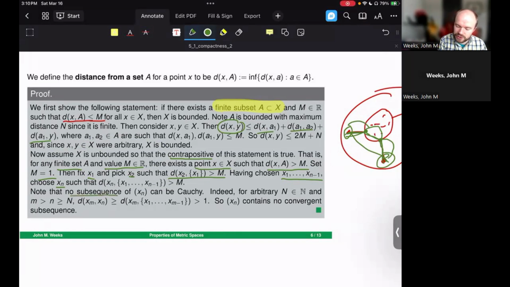So that's going to mean no subsequence of x_n can be Cauchy. Indeed, if I try and choose any two points, the distance from xm to xn is going to be greater than or equal to the distance from xm to x1 through x_{m-1}, and that's going to be greater than 1. So the distance between any two points that I choose is going to be greater than 1. That means I cannot choose a convergent subsequence out of this.